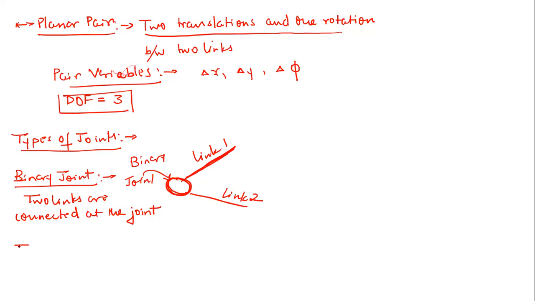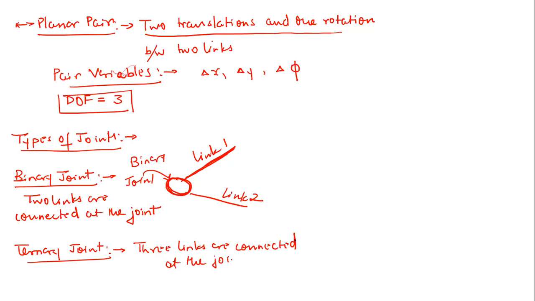Now similarly we can define a ternary joint. So what will be a ternary joint? Three links are joined at the joint. So how many links will be connected? Three links connected, right?